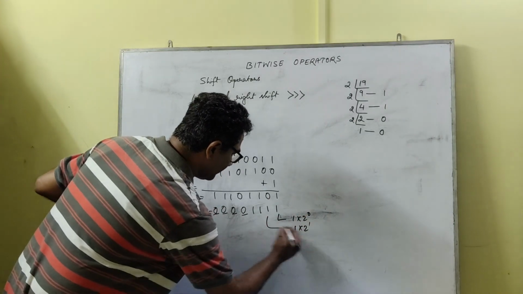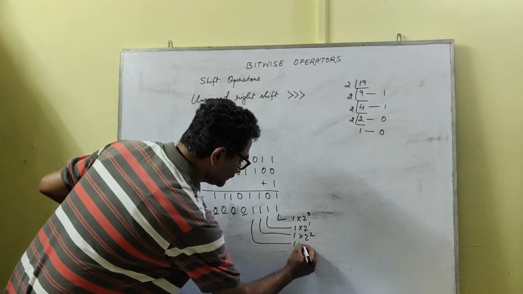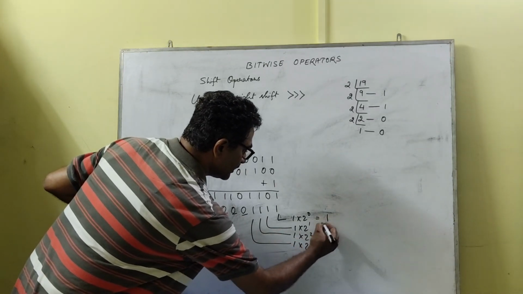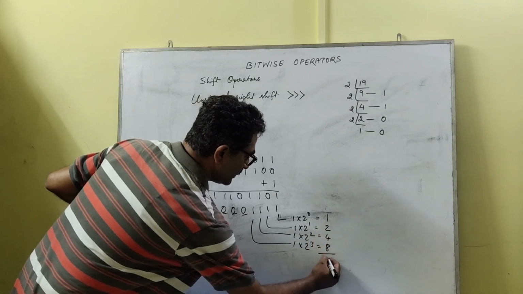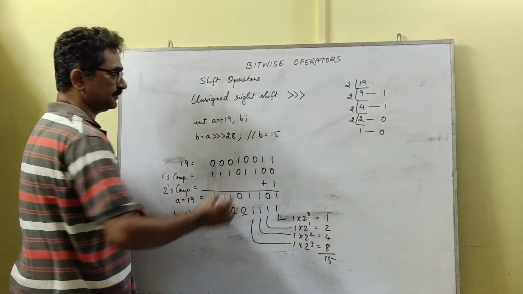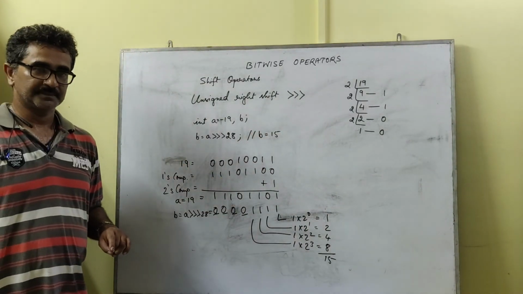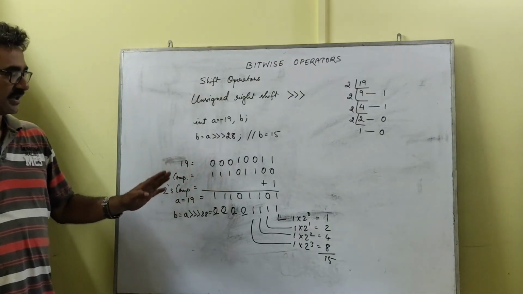Since it is a positive number, we can directly go for conversion. So the value of B will be 15. So this is how the unsigned right shift operator works.